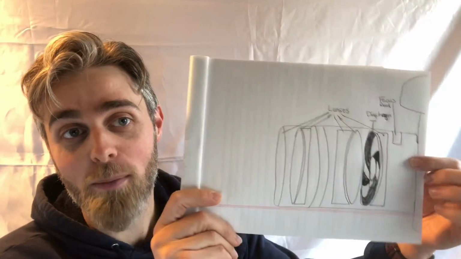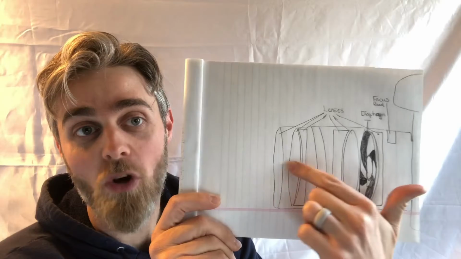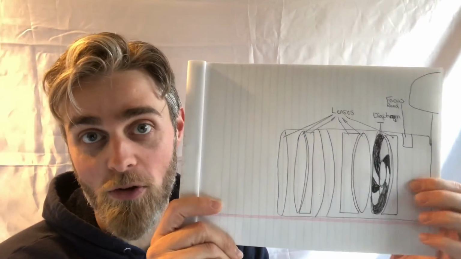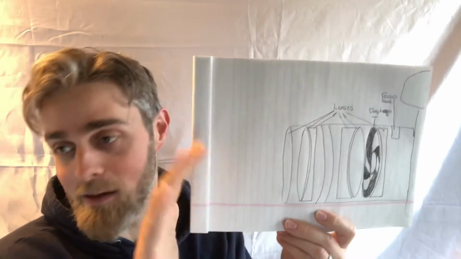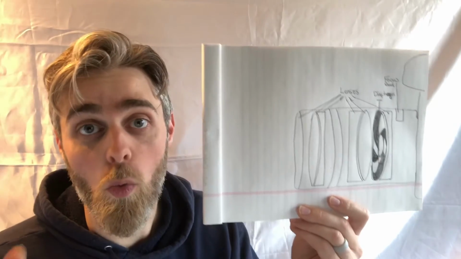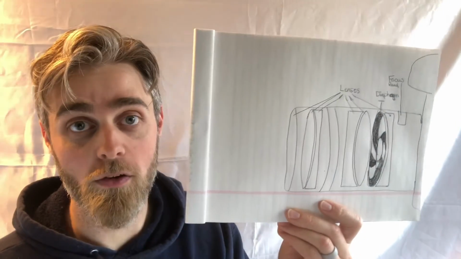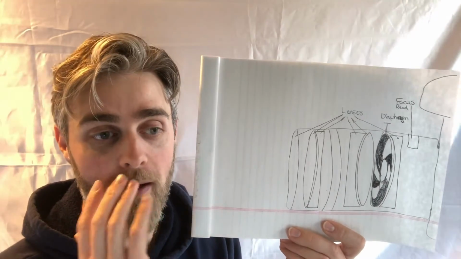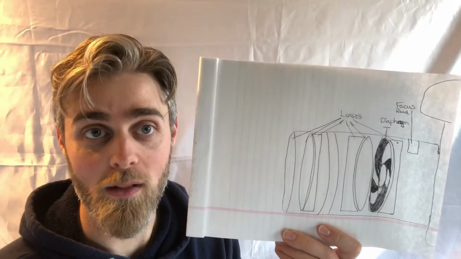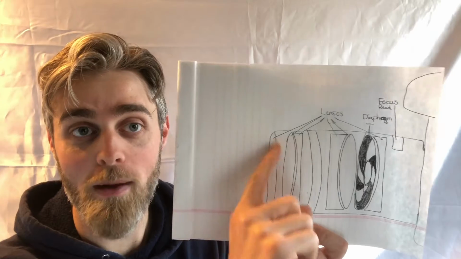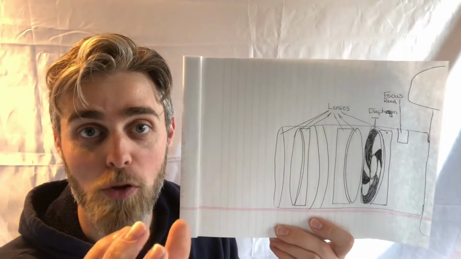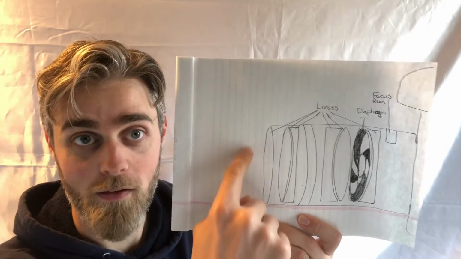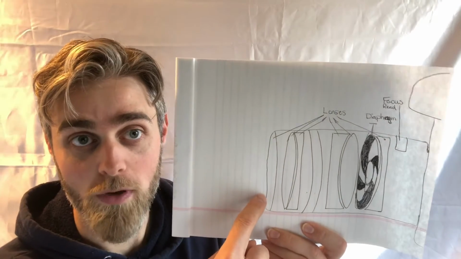Anyway, so this is your camera and this is your lens. Now there's a whole lot of parts in here that I've drawn out in your lens, and this is not by any means exactly what the majority of lenses are going to have, but this is just a pared down version of what a lens looks like. So here's the very end, the bezel of your lens. When you buy a lens and it has that lens cap on it, this is what that lens cap attaches to over here.